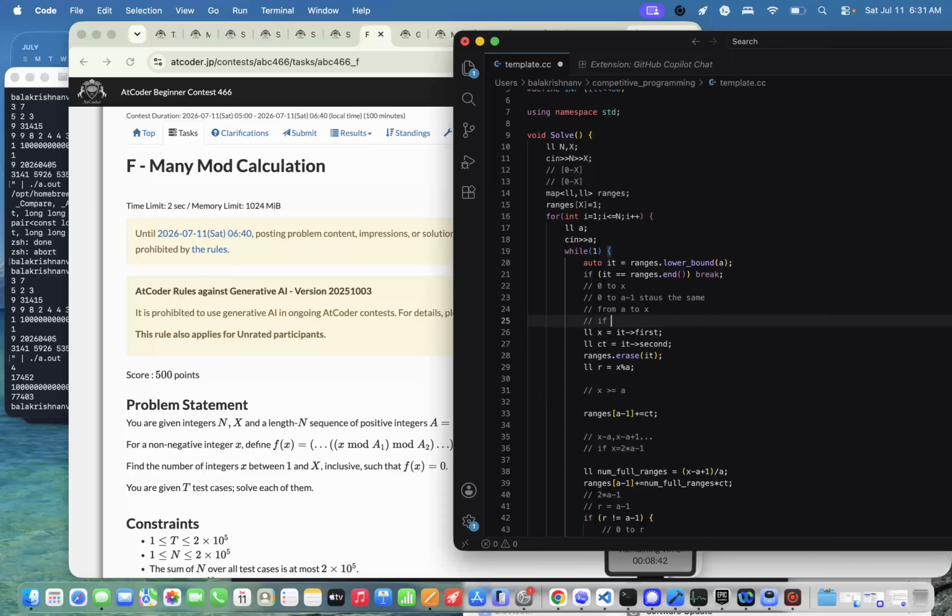So if x is, for example, t times A minus 1 for some t, you first take the remainder, right?